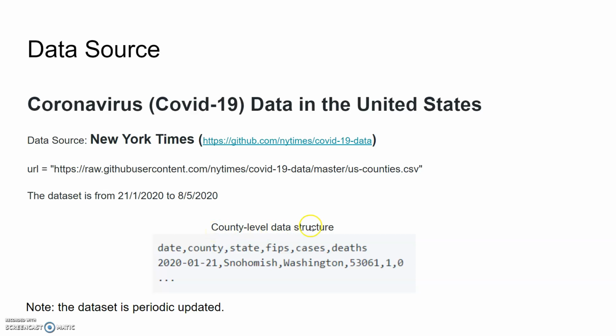The county level data structure includes the date, county, state, FIPS, cases, and the deaths. The FIPS is the zip code.